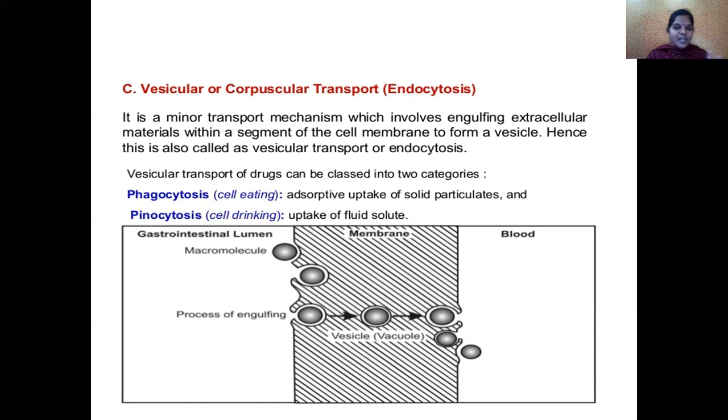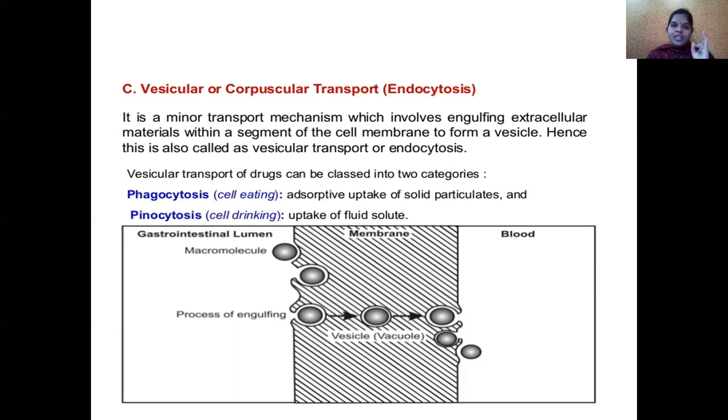Vesicle formation takes place, and for that reason this type of transport is called vesicular transport. It can be classified into two categories: phagocytosis and pinocytosis.